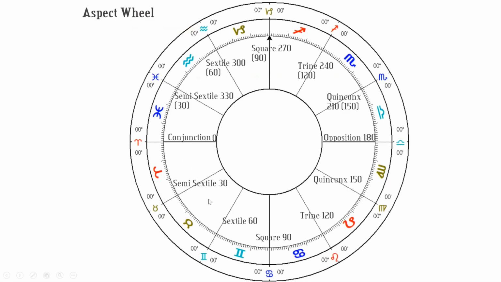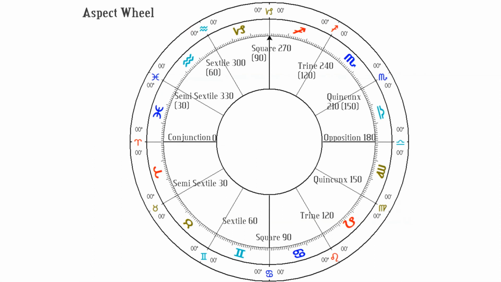So 72 degrees would be from Aries to 12 Gemini, and then from 12 Gemini to 24 Leo, and so forth. So it's not always going according to the 30 degrees clean increments.